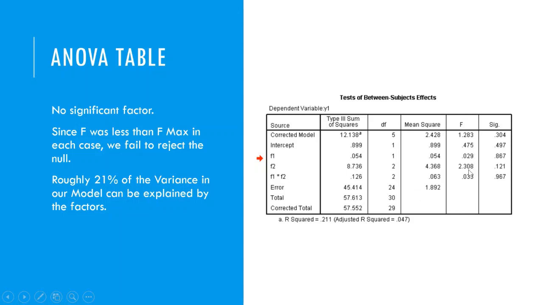Hence, no factor has any effect on our overall model or on our final dependent variable. Additionally, 21% of the variance in the dependent variable could be attributed to changes in our factors.